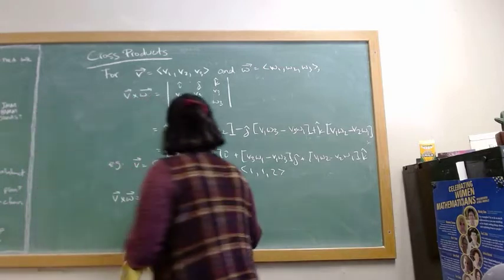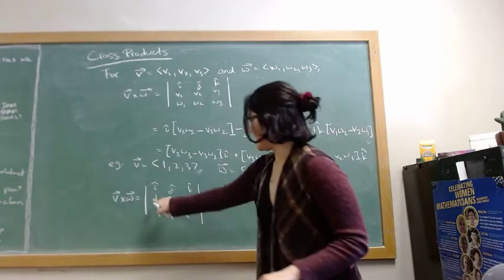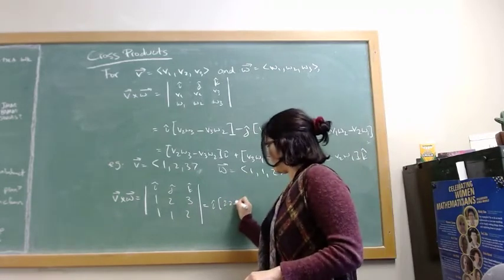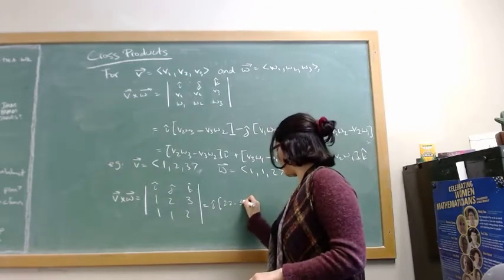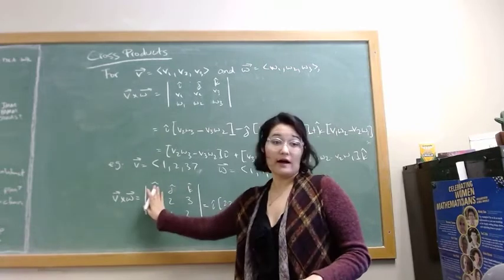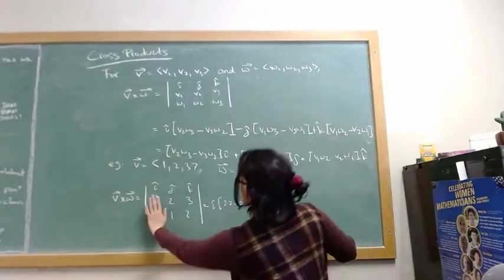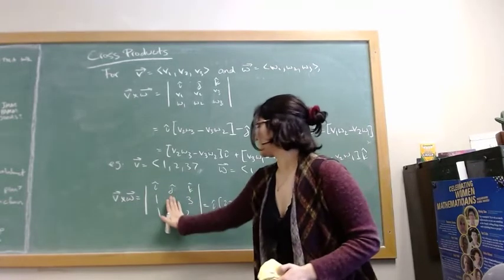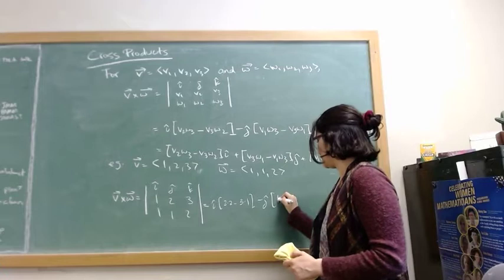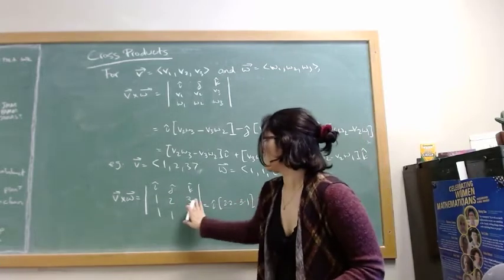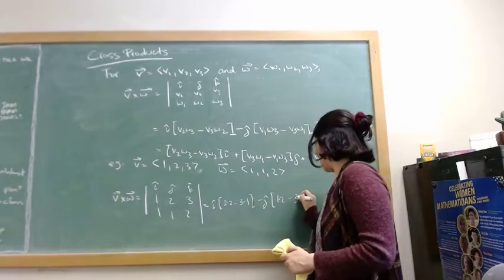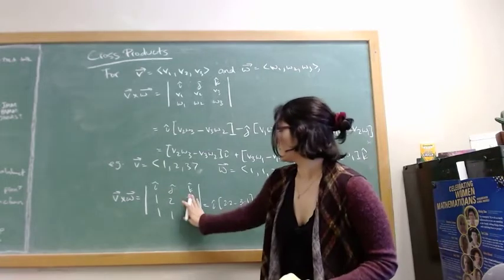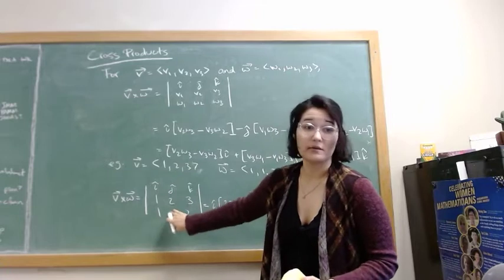But I'm going to get i hat times 2 times 2 minus 3 times 1, just blocking out that 1, 1, like that. Minus j hat times 1 times 2 minus 3 times 1, plus k hat times 1 minus 2 times 1.